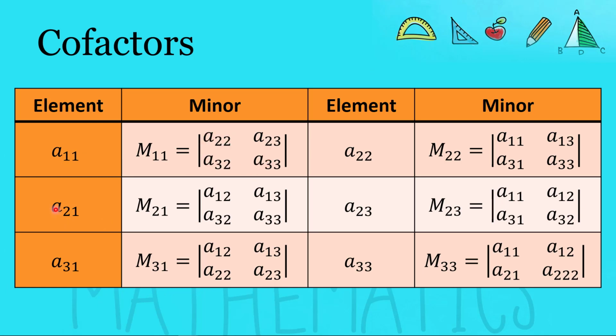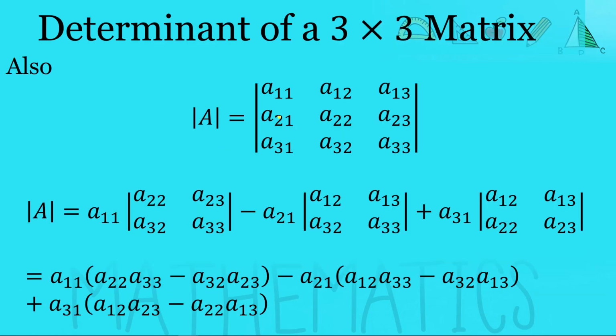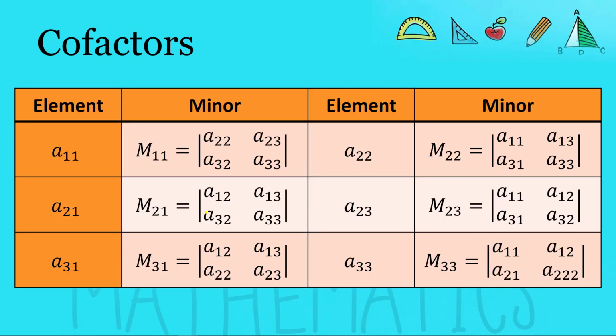If your element is A21, then this is your minor, and you can see that by removing the row and the column that you have. What do you have left? You have A12, A13, A32, A33, and that is your minor. We can use that approach to find the minor for any other element in the matrix.